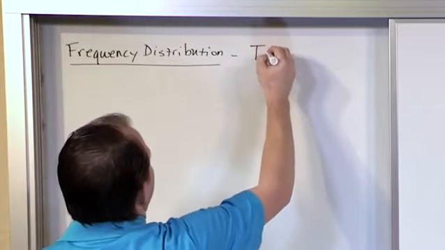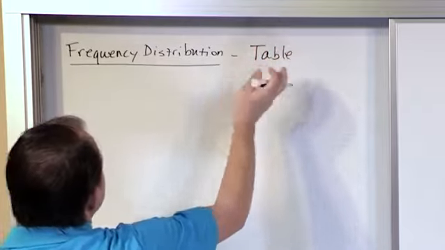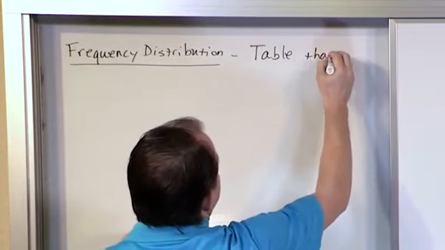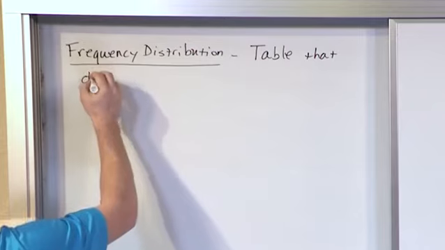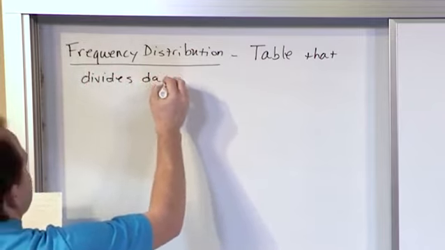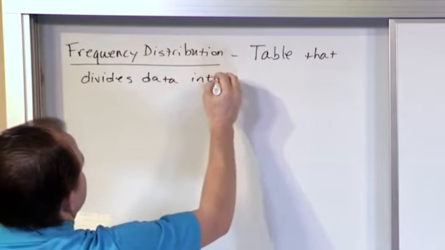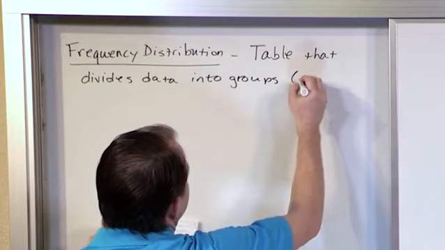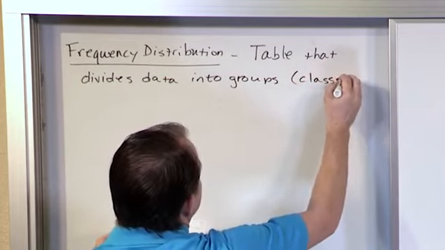It is a table. Right, so that's really the most important thing. It's a table that divides data into groups. And we call these groups classes, right?